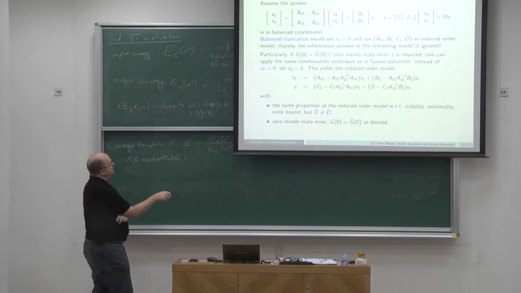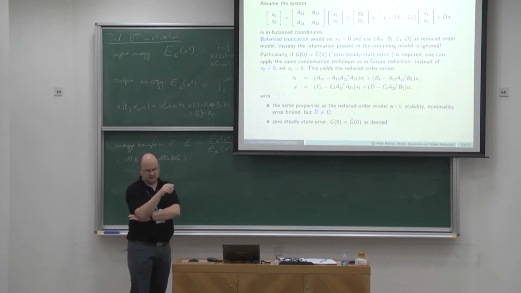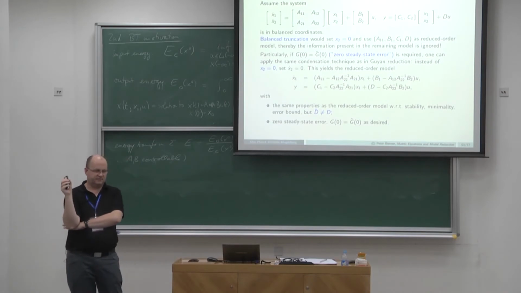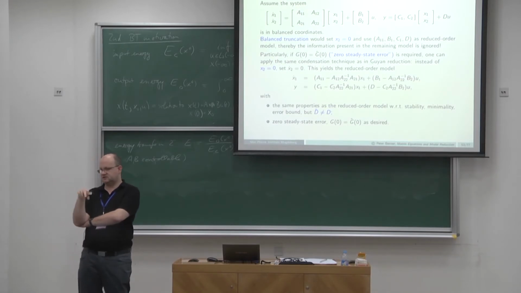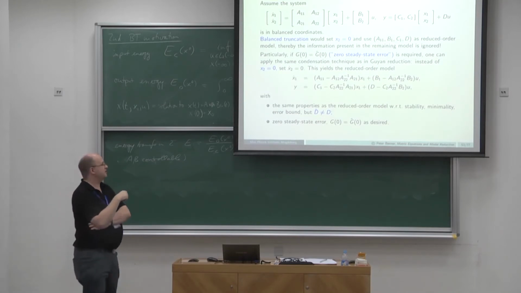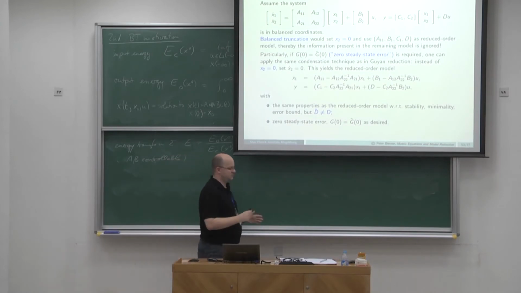But now D hat is no longer D. And that means for frequencies going to infinity, you don't have convergence of the two models anymore. So you will have some error at infinity. That's often not so problematic as an error at 0, but it depends on the model that you choose, which is the better thing to have, 0 error at 0 or 0 error at infinity.